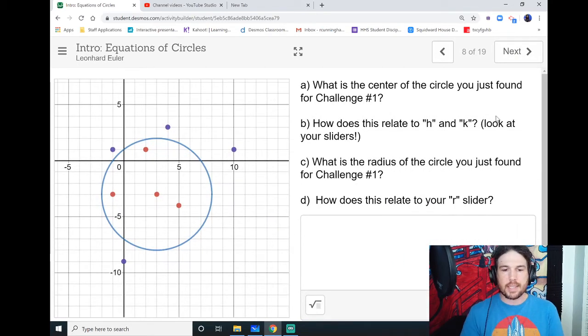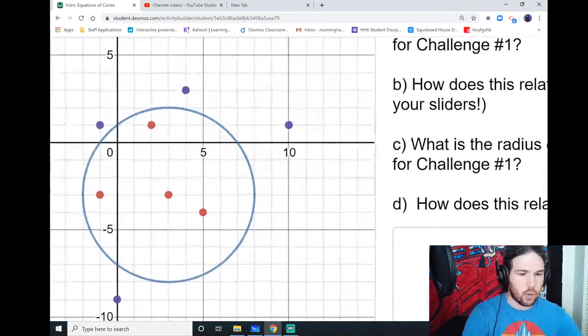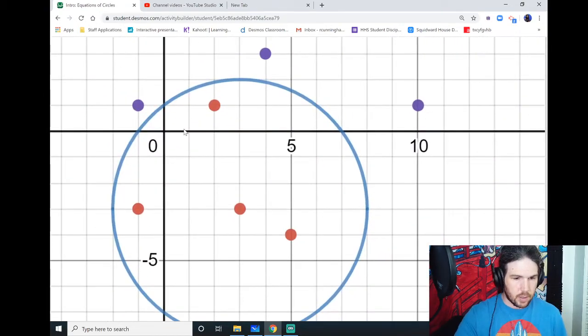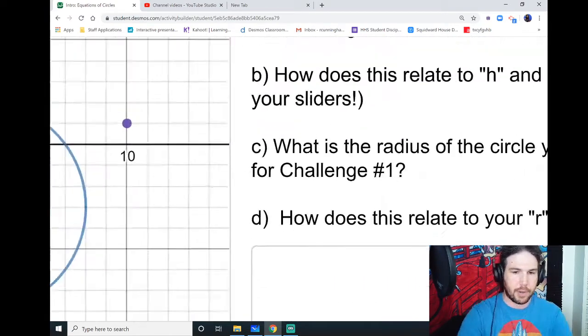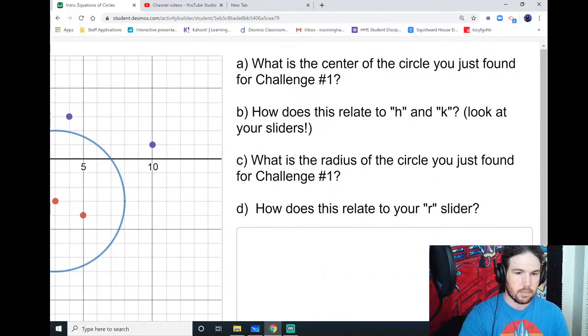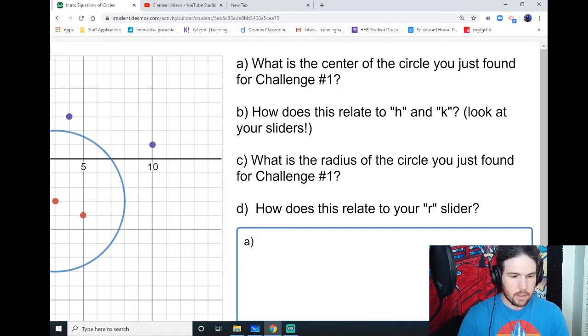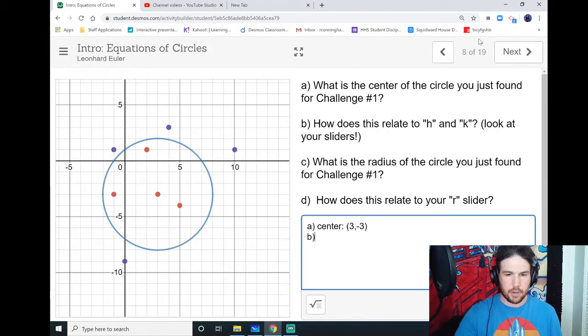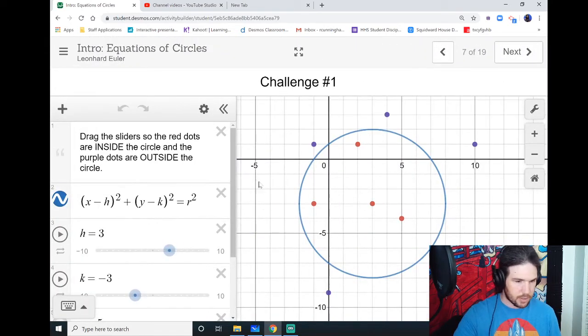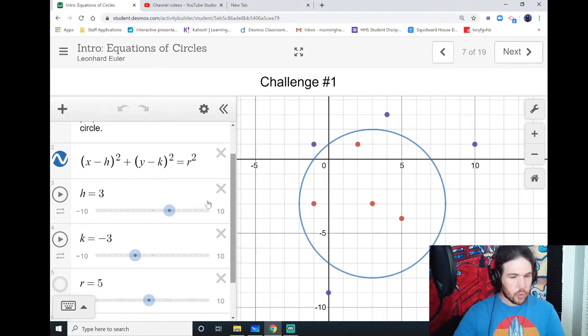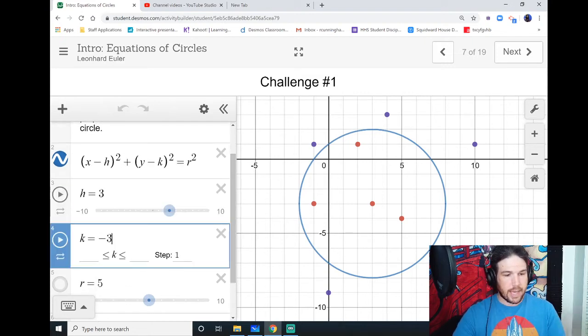Okay, so what is the center of the circle you just found for challenge 1? Let's see, 1, 2, 3, and negative 1, 2, 3. So 3, negative 3. So A, the center is 3, negative 3. How does this relate to h and k? Look at your sliders. Okay, well, let's back up and look at those sliders. h was 3, and k is negative 3.